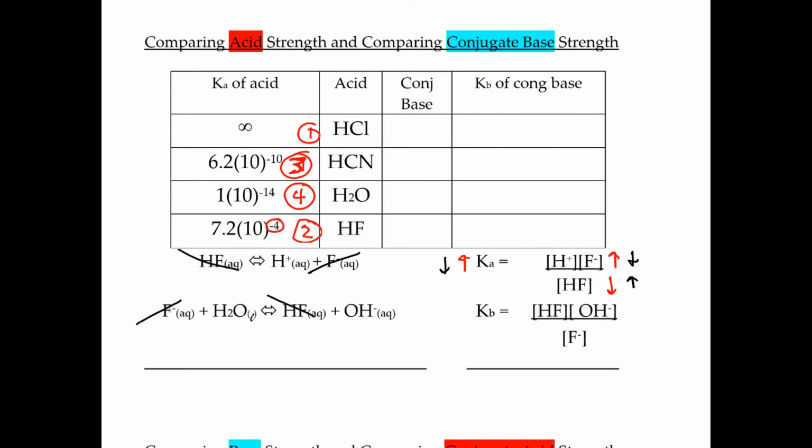You can see the HF cancels out right here, and you're left with simply H2O liquid at equilibrium with H plus aqueous and OH minus aqueous. Okay, so this is what we have left from our equation.